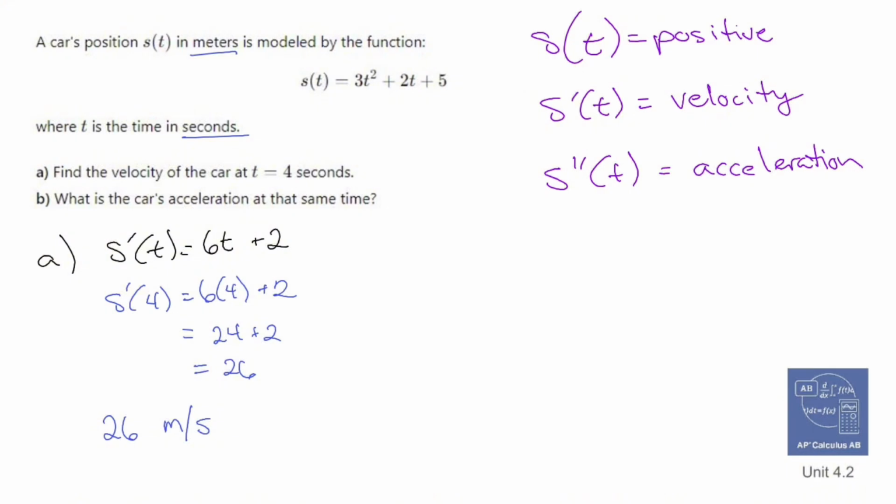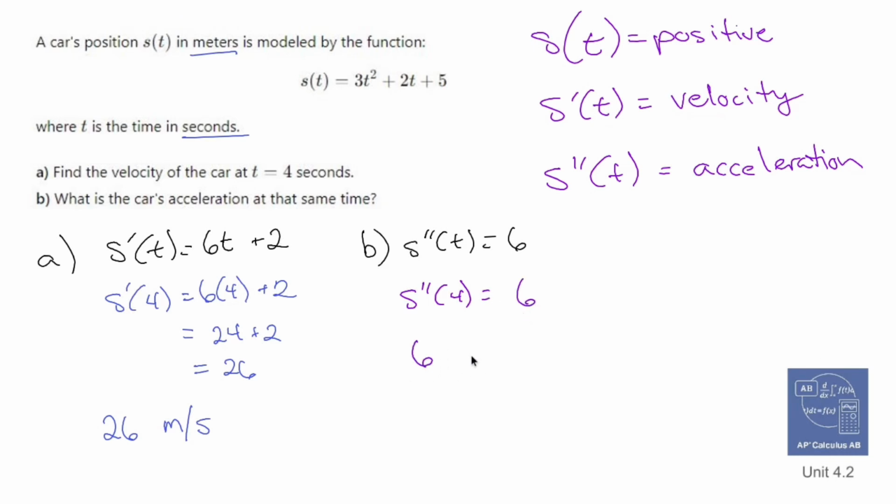Now, the second derivative is going to give us our acceleration at time t. So s''(t) is going to be the derivative of s'(t). The derivative of 6t is 6. The derivative of 2 is nothing. So when I plug in 4, there's no t to plug it into, and I still get 6.